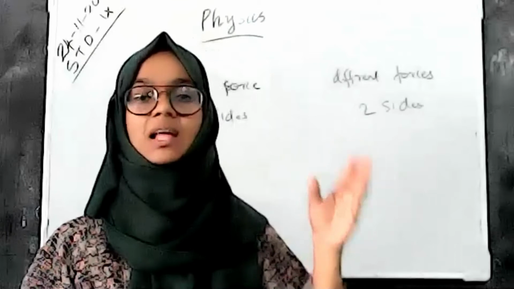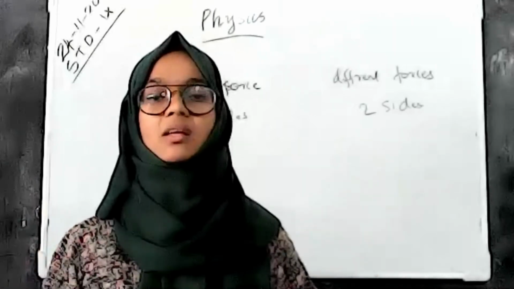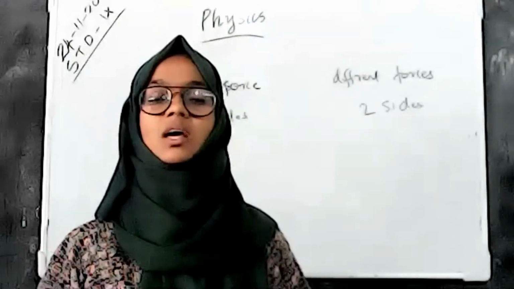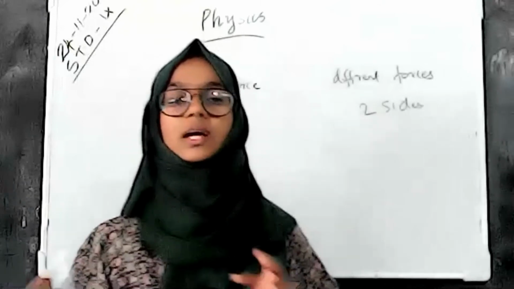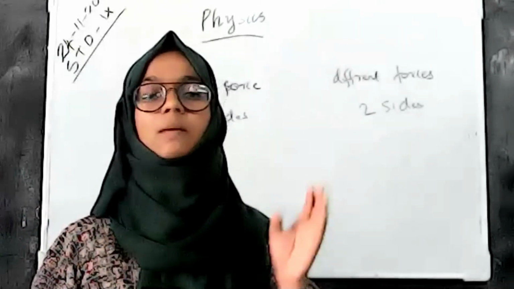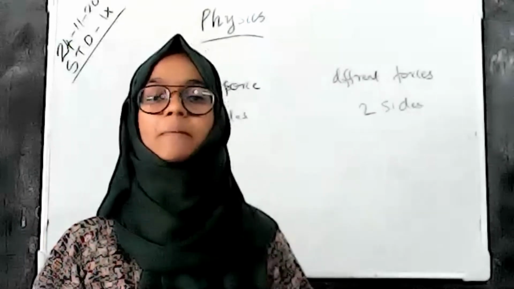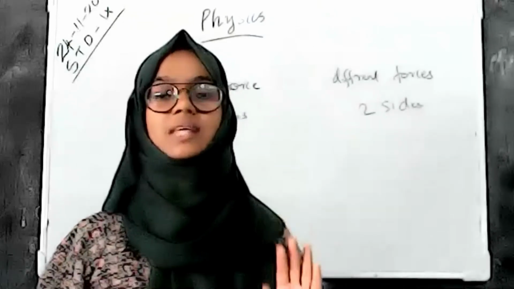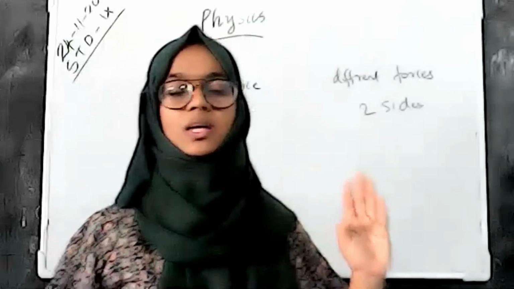So in a balanced force, no work is done, but in an unbalanced force acting on objects, work is done. Here is the difference between the balanced force and the unbalanced force. A balanced force is where equal force acts in opposite directions, that's why no work is done.